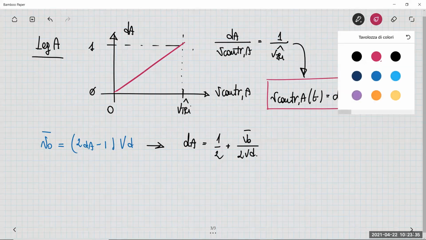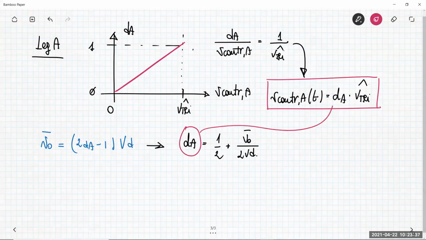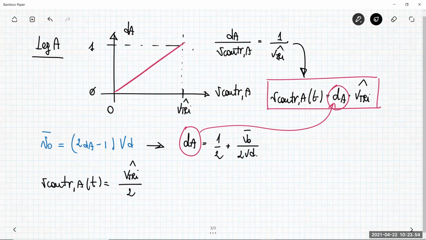Now put this dA exactly here, and then we can find an expression for the control voltage of the leg A. It is the triangular peak value divided by 2, plus the triangular peak value divided by 2 VD multiplied by V0 average.